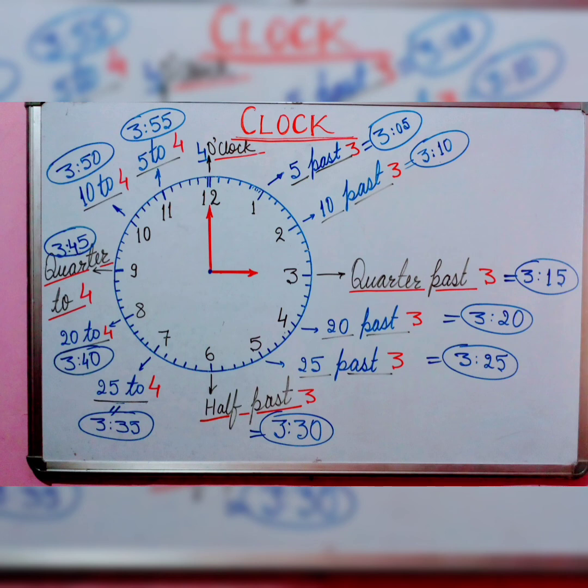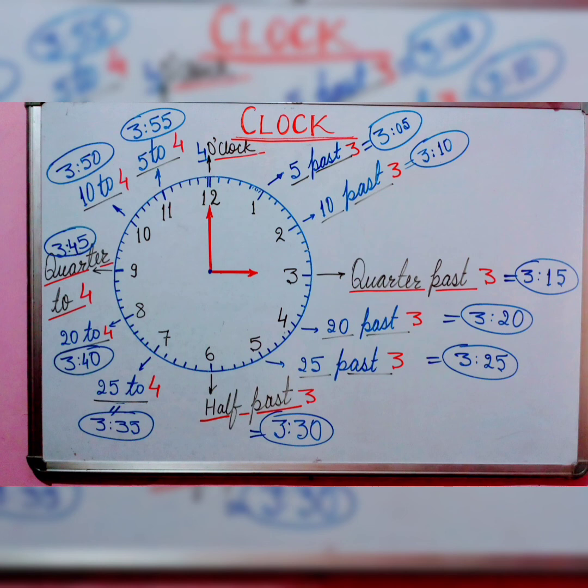If the minute hand is at 3, the time is quarter past 3 or 3:15. If the long hand is at 4, the time is 20 past 3. If the long hand is at 5, the time is 25 past 3. If the long hand is at 6, the time is half past 3 or 3:30.